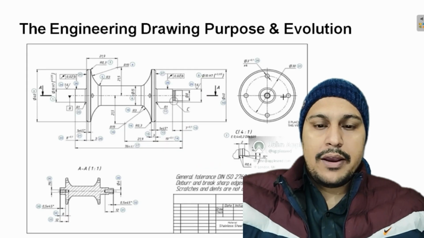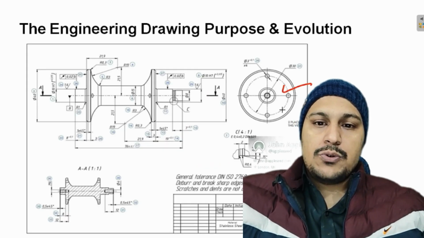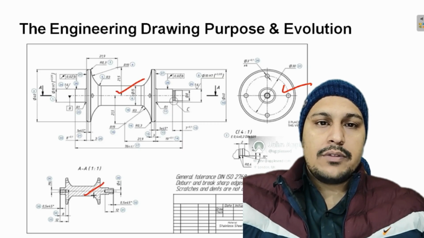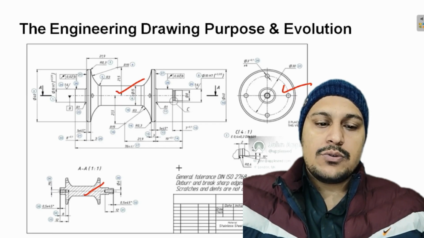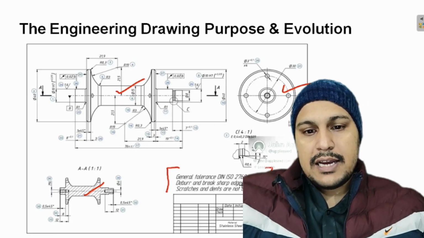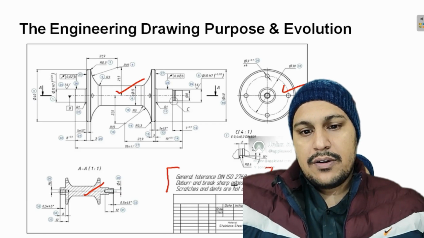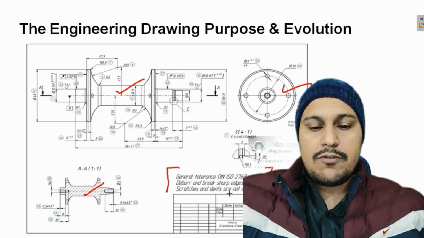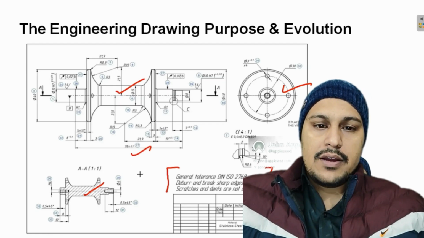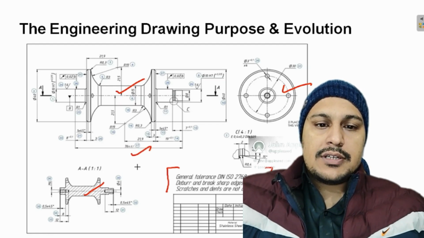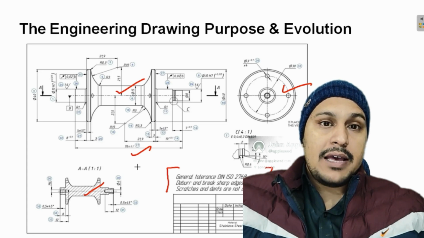So the drawing description has what? It has the images of the views, the first image, the second image and the third image. The second thing drawings have is text. Here these are the drawing notes, in the form of text, that we mention here. The third thing is numbers. These are the dimensions, and these dimensions are very precise.